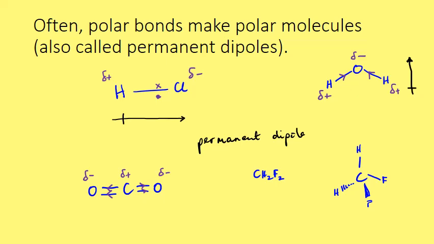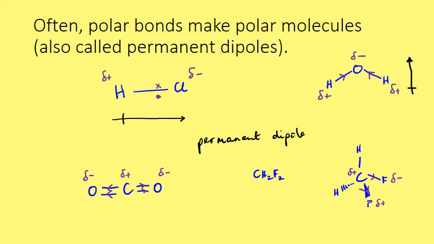And the difference in electronegativity between carbon and hydrogen is small, and so the carbon-hydrogen bonds are not going to be polar. But the electrons in the carbon-fluorine bonds, they are going to be affected by the difference in electronegativity. Fluorine is much more electronegative than carbon, right? So these bonding electrons can be drawn towards the fluorine, which can give the fluorines a delta negative, and that would leave the carbon atom as delta positive, like that.